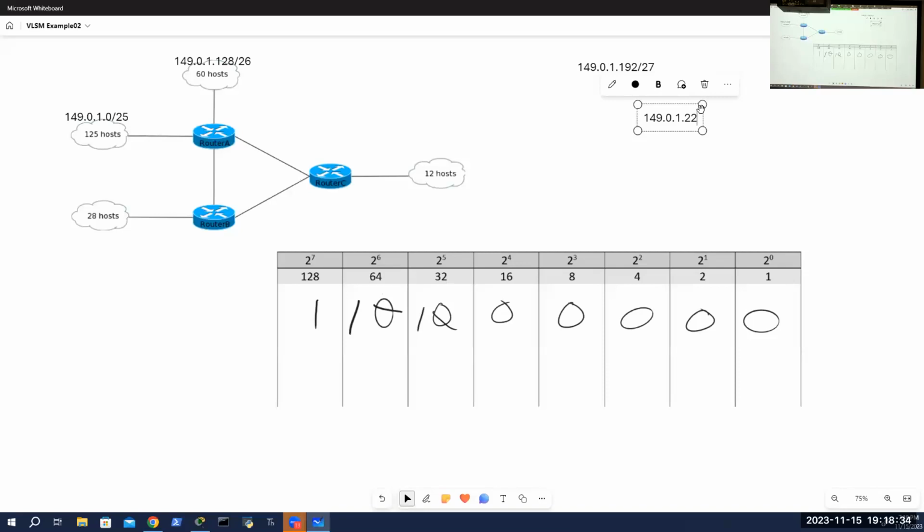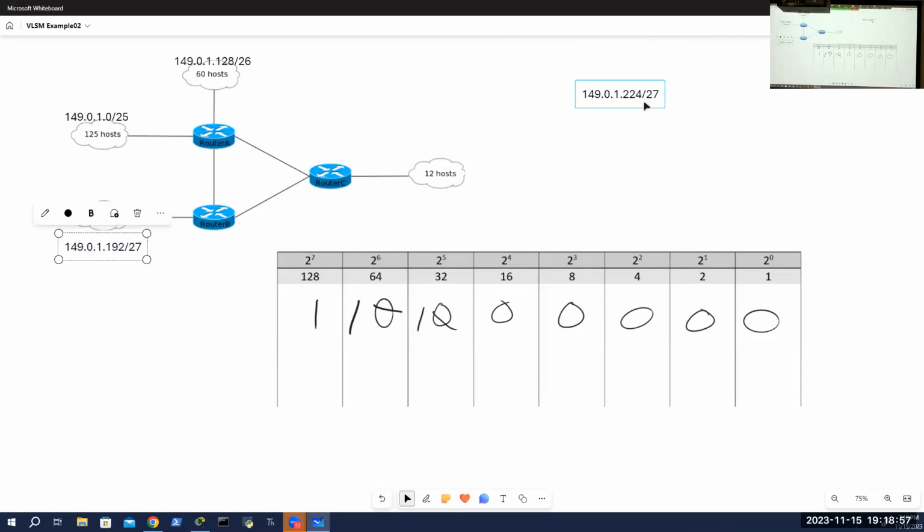So our next subnet is 224/27. So these are the 2 subnets that we created by going from a /26 to a /27, the 192 and the 224. And it gives us 30 hosts, and that'll accommodate this one.